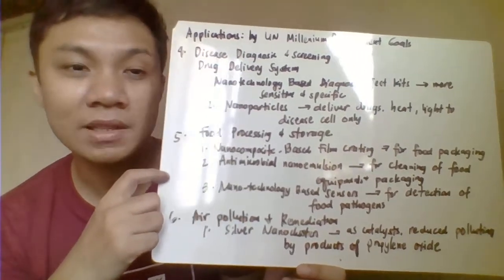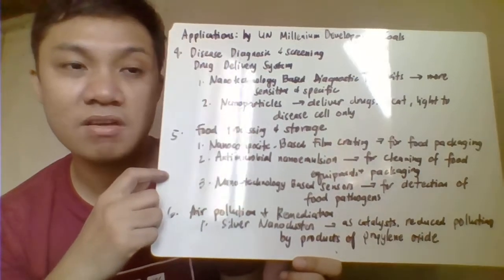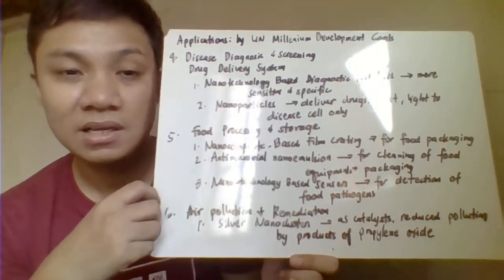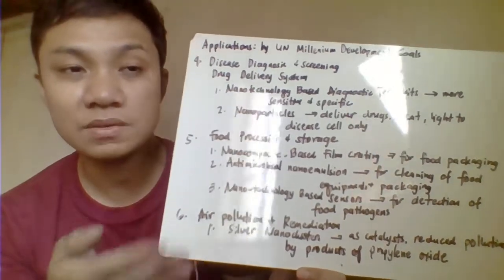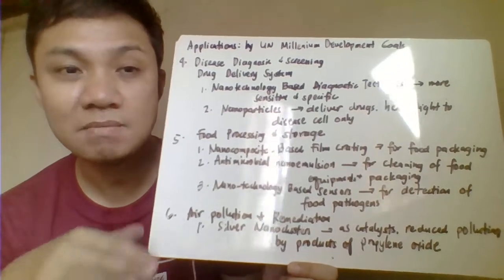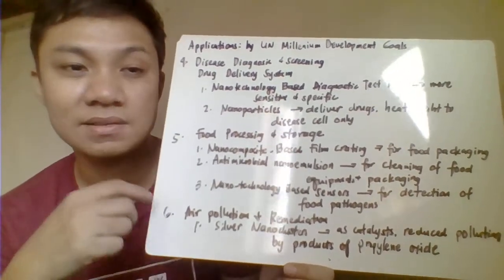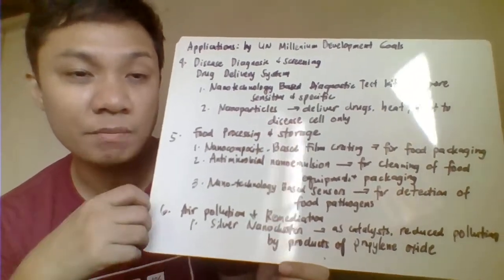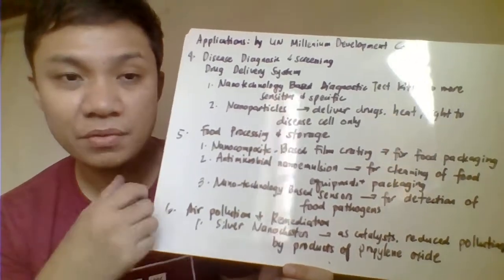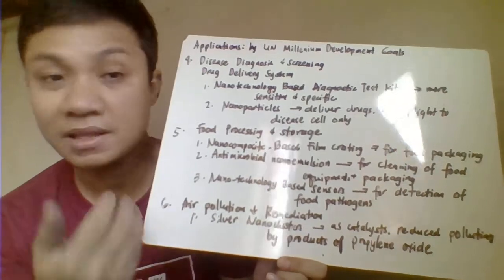Of course, we don't want even your normal cells to be killed by your drugs. So with that, you could have some nanoparticle drugs that could help kill only those cancer or tumor cells or disease cells, at the same time sparing your normal cells, not affecting your normal cells. So that will really help the immune system of the patient having that cancer, for example.